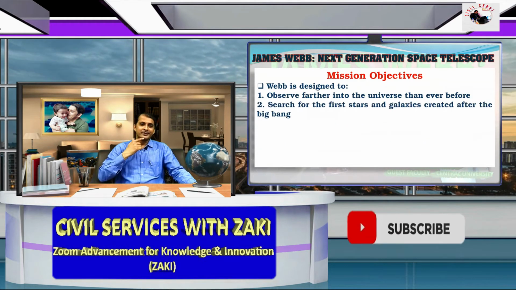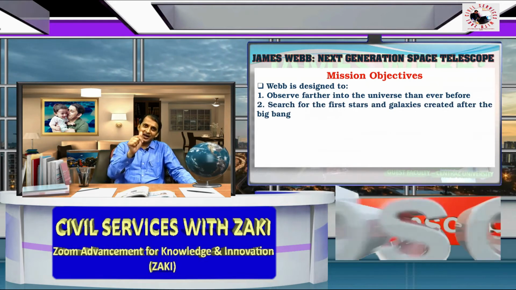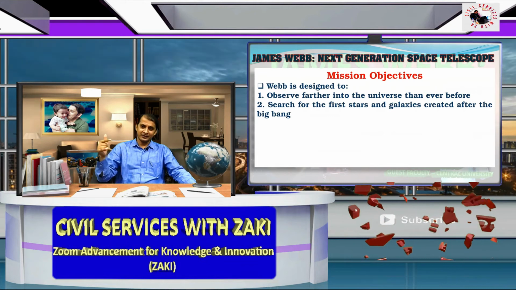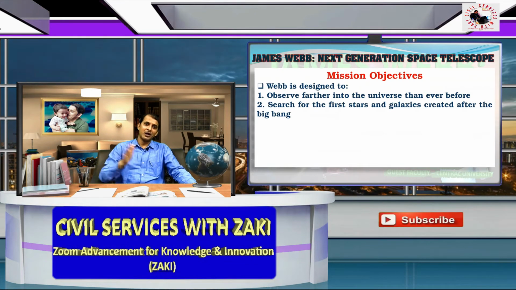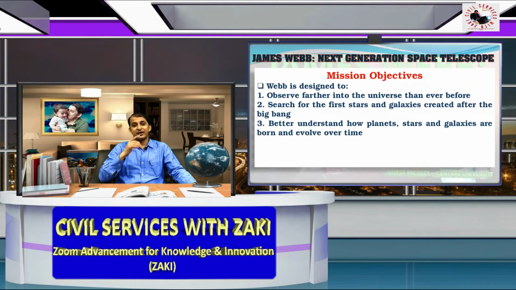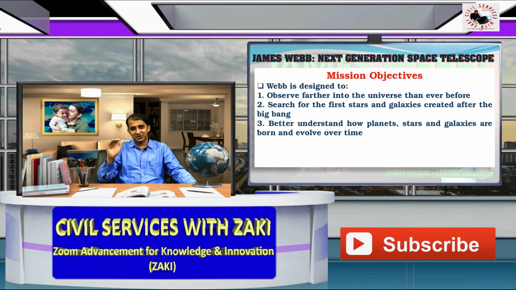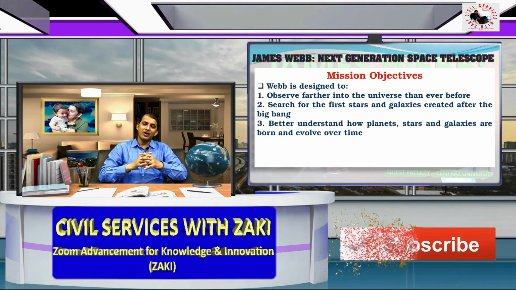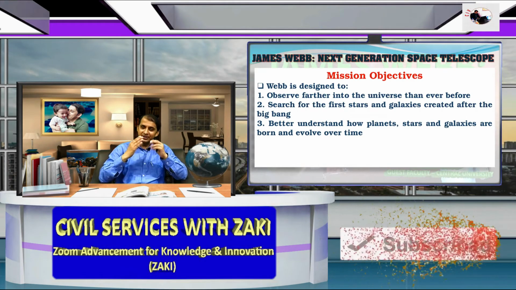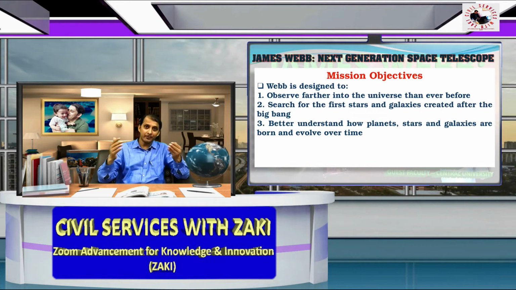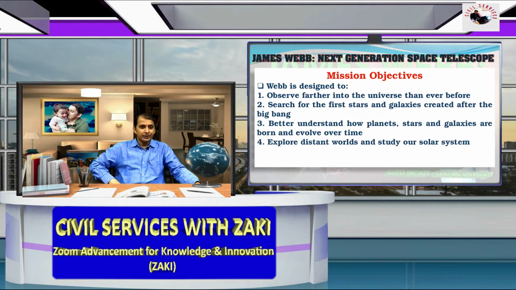Second is to search for the first stars and galaxies, that is, when the first stars and galaxies were created after the Big Bang. Third is to better understand how planets, stars and galaxies are born and evolve over time, and what the life cycles of these stars and galaxies are, including our own solar system.